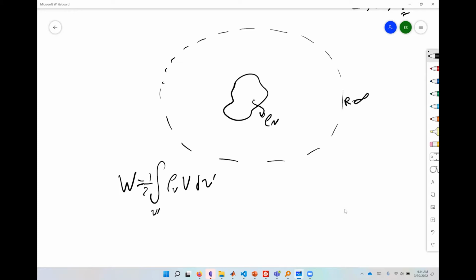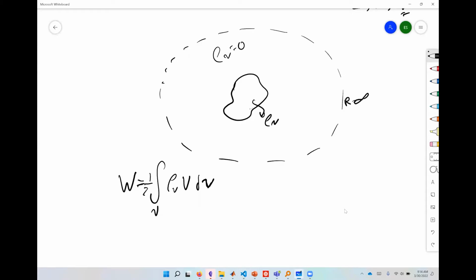Would anything change if we change the integration from V prime to the whole of space V? Nothing will change if we do the integration this way, and the reason is because rho V is zero outside of the charge density.